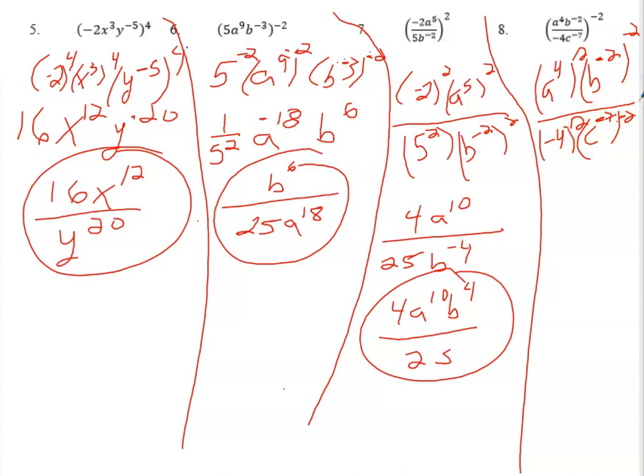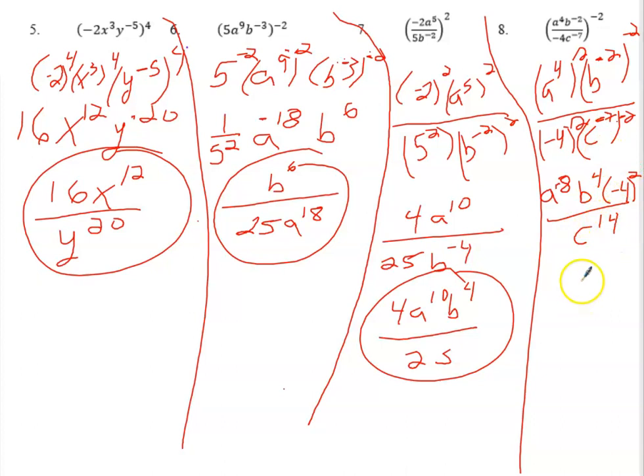Again, we're going to multiply. So this will be a to the negative 8th. This will be b to the 4th. This negative 4 to the negative 2 is going to come to the top and be negative 4 squared. And that's going to be c to the 14th.